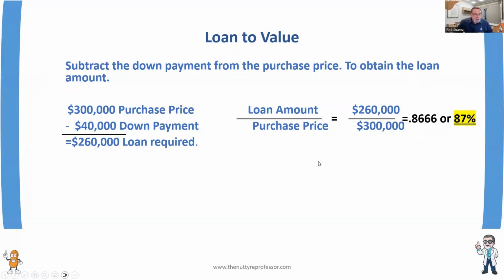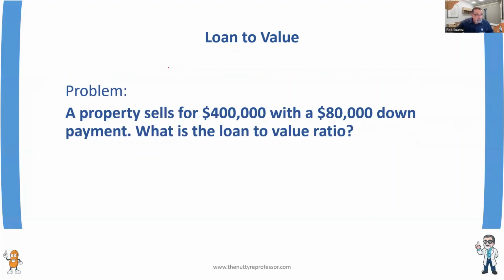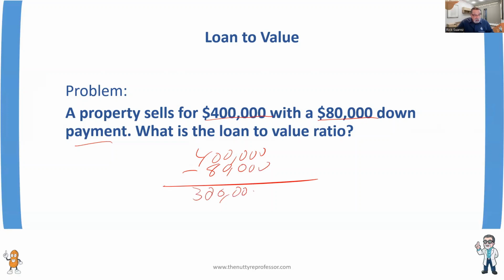Let's look at an actual problem. All right, here's one right here. A property sells for $400,000 with an $80,000 down payment. What is the loan to value ratio? So you take 400,000, subtract 80,000, and you end up with $320,000.